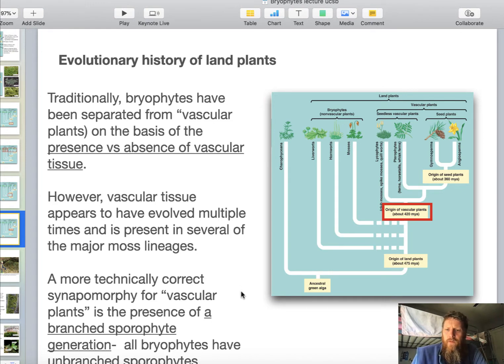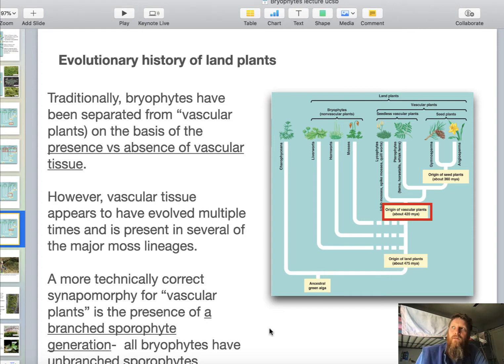The more proper synapomorphy that we've come to recognize recently is the presence of a branched sporophyte. The sporophyte generation, again, we'll talk about the life cycle in a minute. When you look at a plant, it's usually somewhat branched. So it has a branched sporophyte, whereas in bryophytes, the sporophyte is always unbranched.